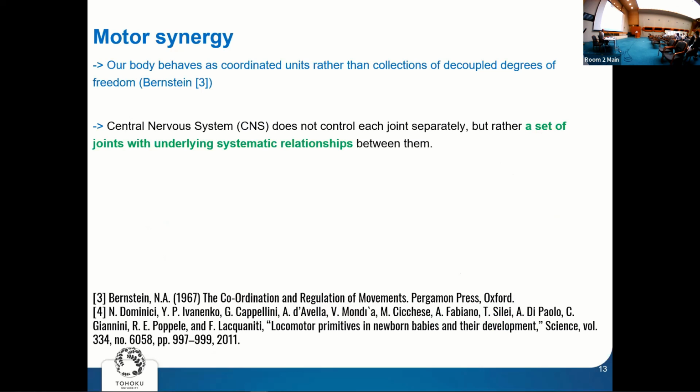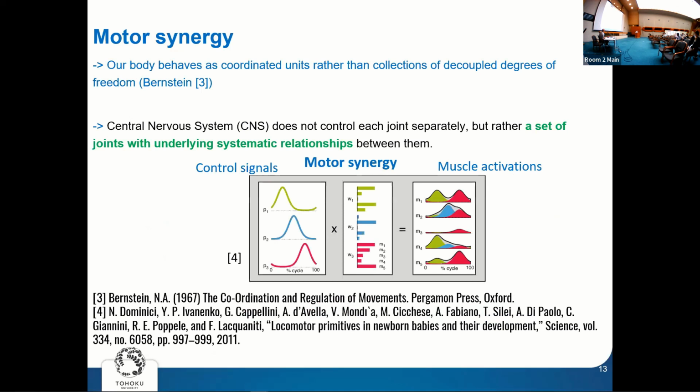This is a mathematical method for dimension reduction, to test how many real dimensions there are for motor control. This hypothesis is verified in the neuroscience context, and it can explain well the real human behaviors.